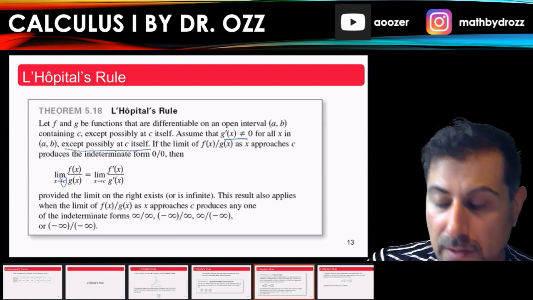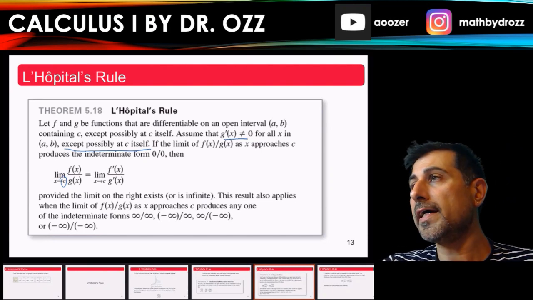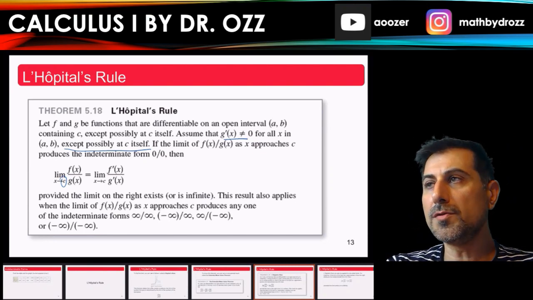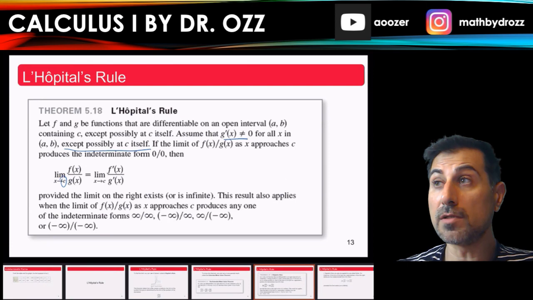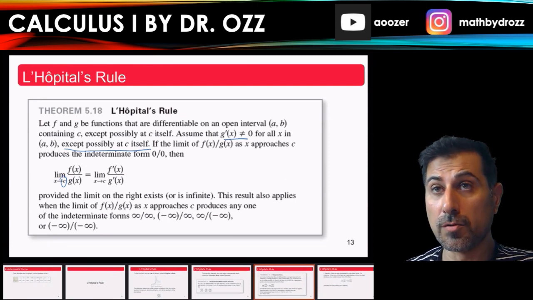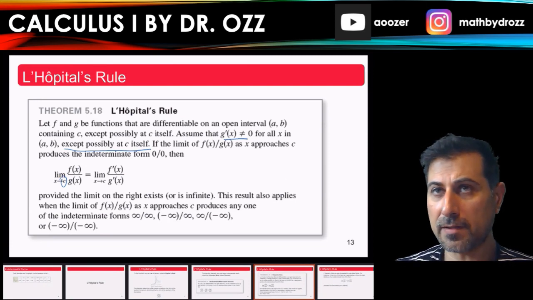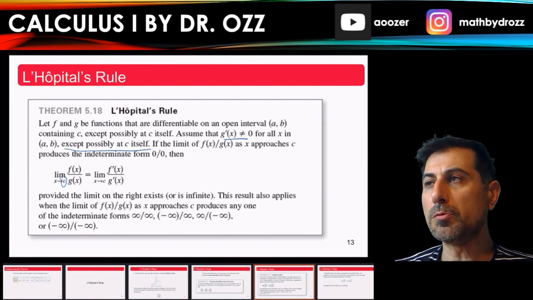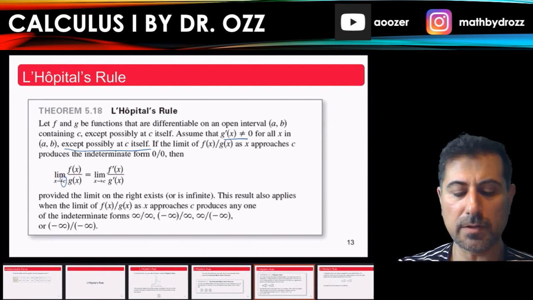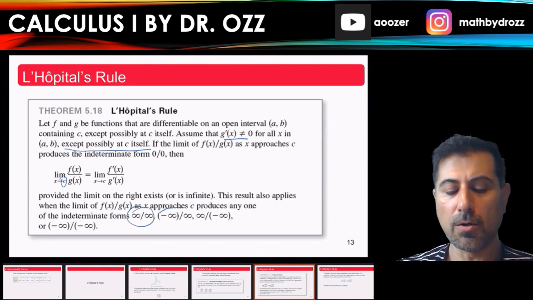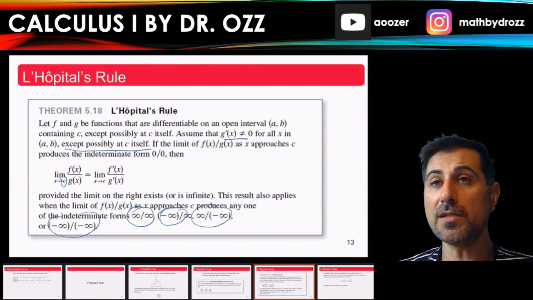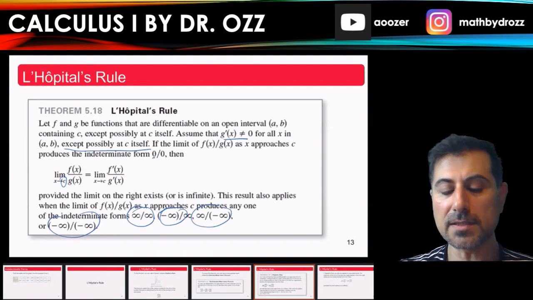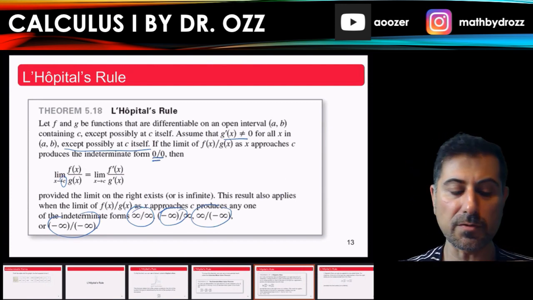So if the limit of f of x over g of x as x approaches c produces the indeterminate form 0 over 0, in fact we're going to expand this inclusion. We're going to also include infinity over infinity, or all other combinations of infinity over infinity into the game. But to start with, let's say you have a 0 over 0 type indeterminate form.